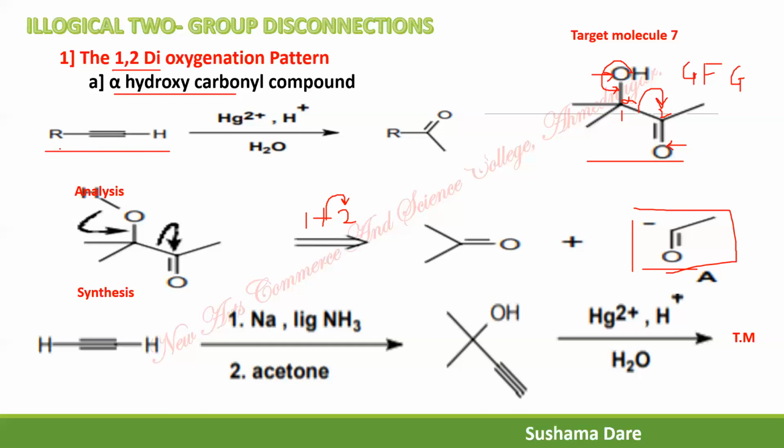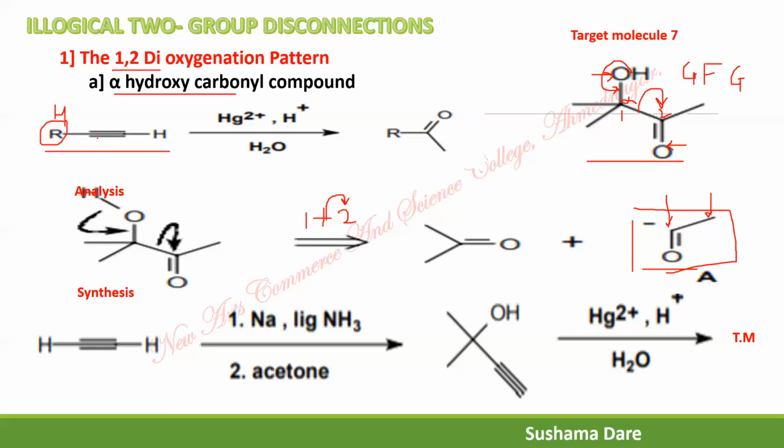Here I have shown a substituted acetylene molecule. If you want only 2 carbons, that is, this is number 1 carbon and this is number 2 carbon, then instead of starting with the substituted acetylene, you just start with the simple acetylene molecule. So what is this reaction?